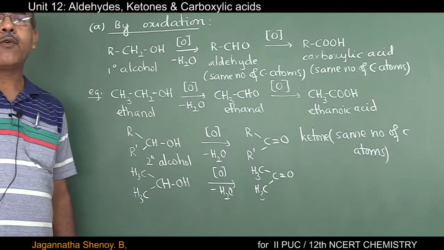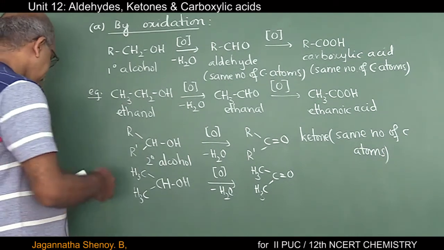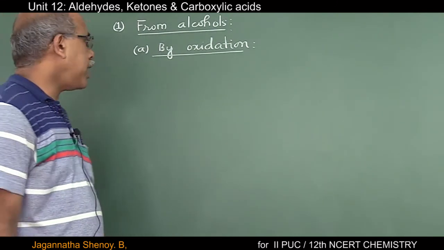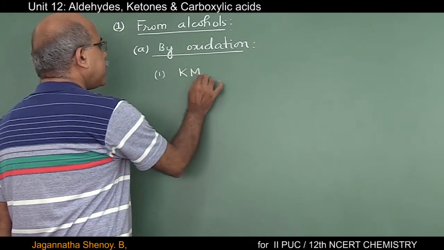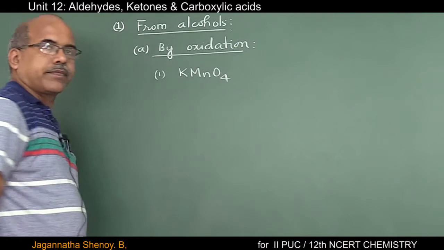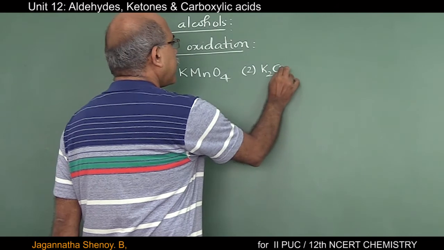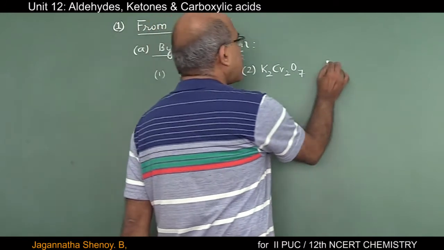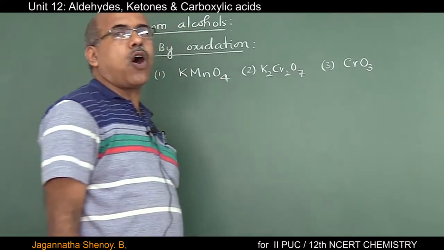Now the question is, which oxidizing agents can be used to bring about this oxidation reaction? Various oxidizing agents used to bring about this oxidation are: I can make use of potassium permanganate, I can also make use of potassium dichromate, or I can also make use of CrO3, chromic oxide.